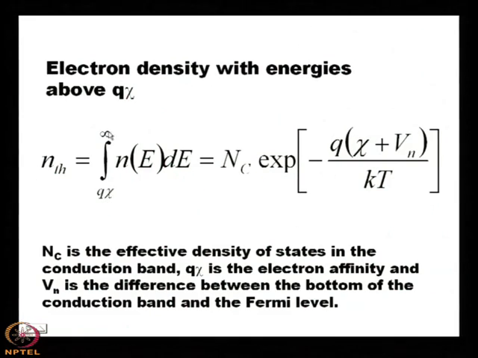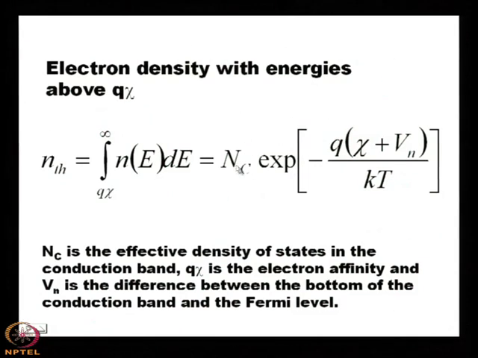So, chi to infinity, and this is the expression for the thermionically emitted electron density, where NC is the effective density of states, chi is the electron affinity, Vn is the difference between the bottom of the conduction band and the Fermi level, kT is the thermal energy, K is the Boltzmann constant, T is the temperature in Kelvin.